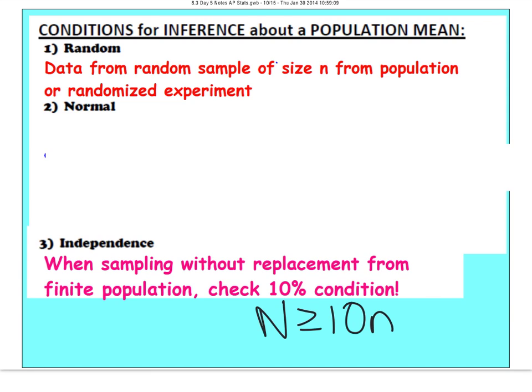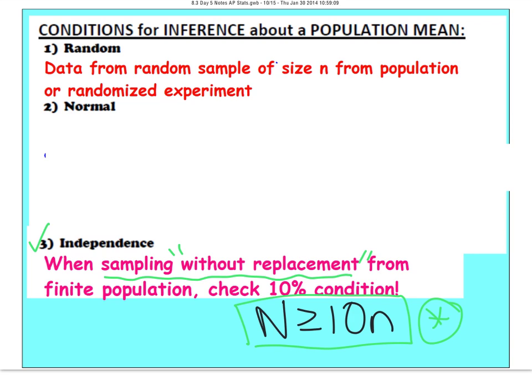If we are replacing it and putting it back in there, then you actually would never do the 10% condition. If you replace it and put it back in, then independence is actually created, and that's all you have to say is clearly they're independent. So keep in mind, don't overstate the 10% condition if replacement's going on. It's only when there is without replacement.